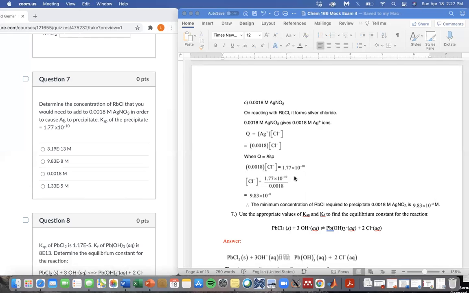All you have to do is divide this KSP value by your concentration of Ag plus, and you would get a Cl minus concentration of 9.83 times 10 to the negative 8th molar. Because it's a 1-to-1 molar ratio, whatever you have of Cl minus, you'd need that of RbCl. So you would need 9.83 times 10 to the negative 8th molar of RbCl to get 0.0018 molar AgNO3 to precipitate. So it would be this one.